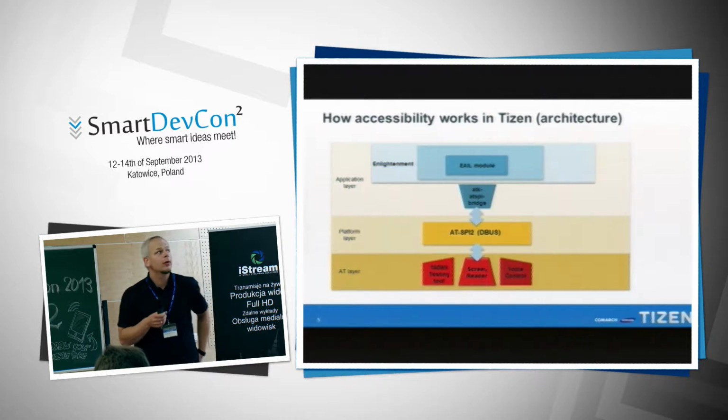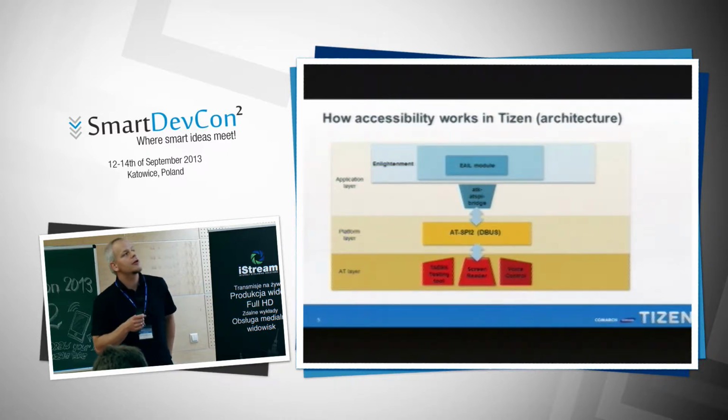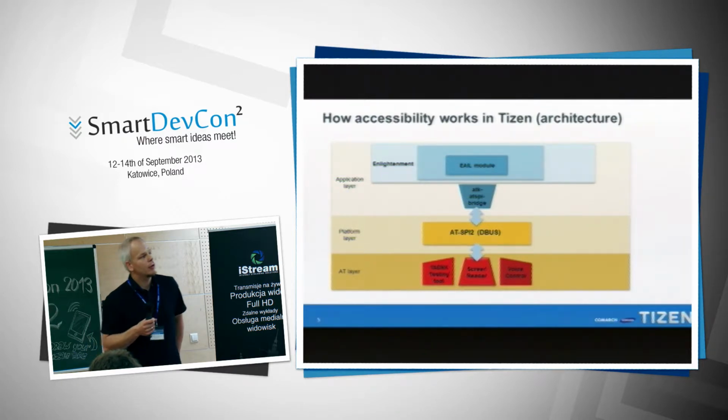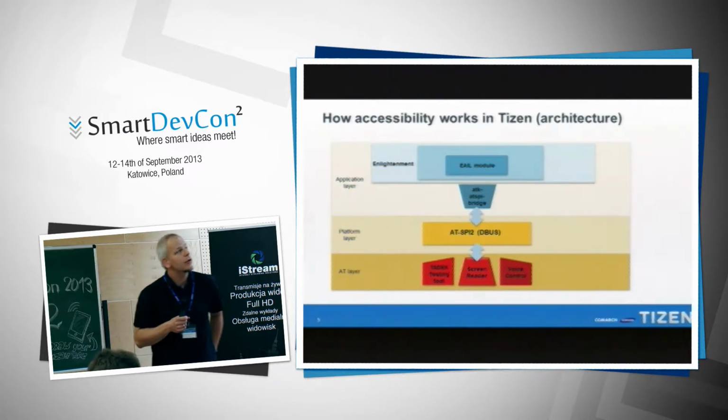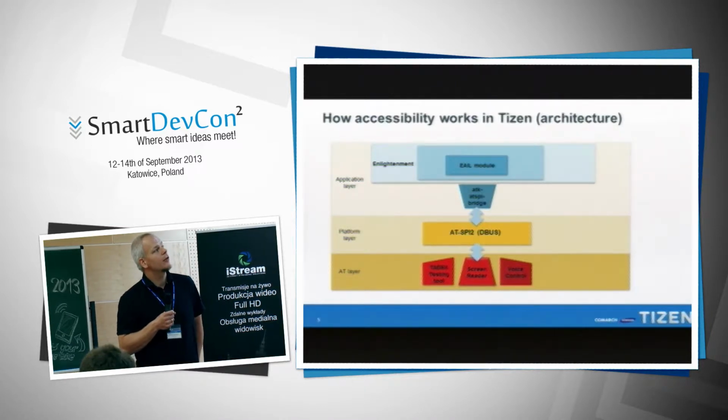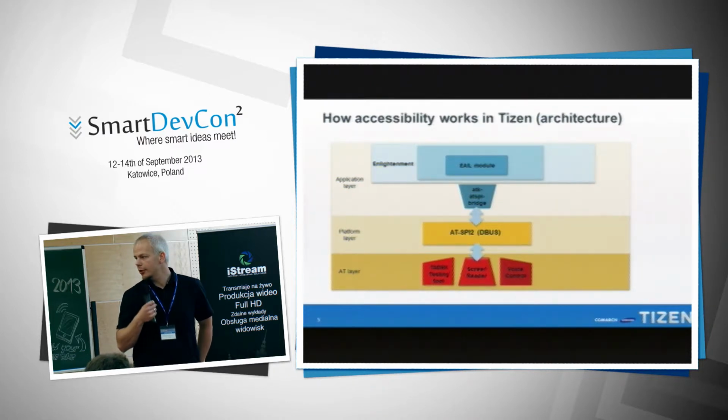How accessibility works in Tizen. Here is the architecture of this solution. Our library, which is called EAIL, is a module of Elementary, which is also part of the Enlightenment library, which is the main window manager in Tizen.